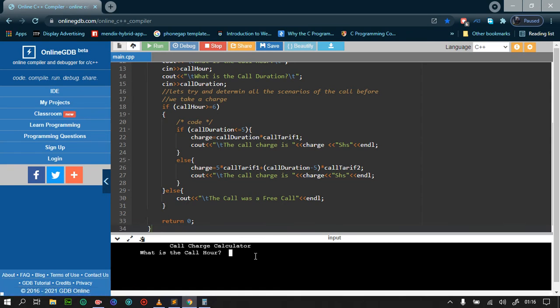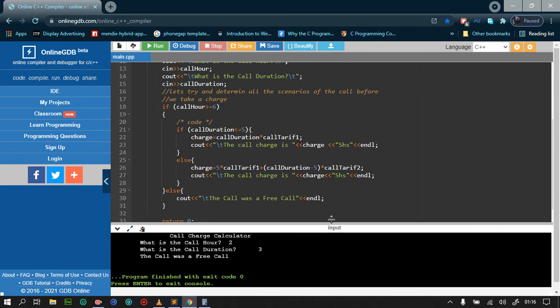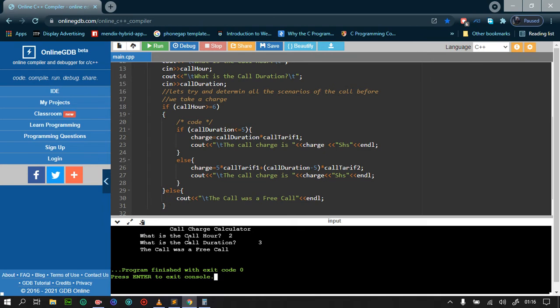So my call hour was 2. So 2 is below 6. So if it is below 6, I even talked for 3 seconds. So it means that I'm going to be charged this. So we said what is the call hour to then call duration. So okay, yeah, that is a free call.